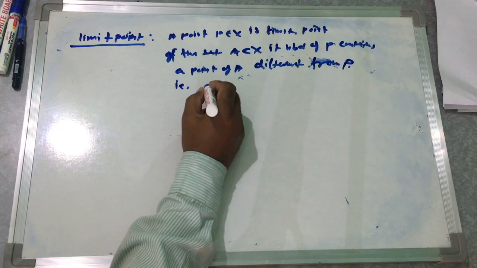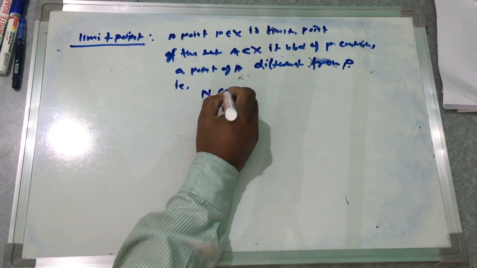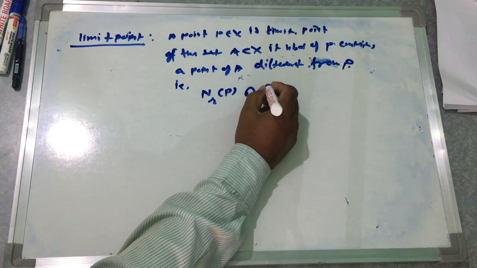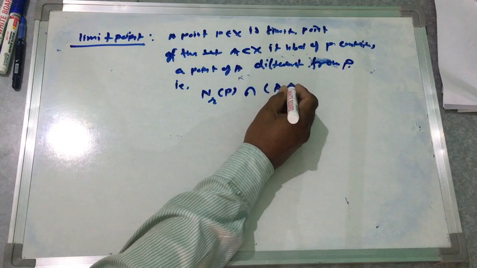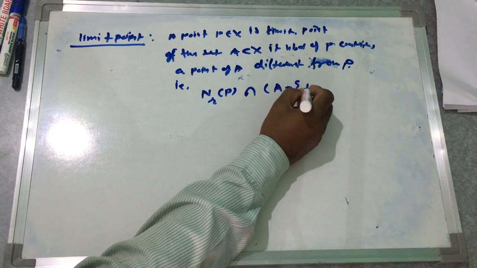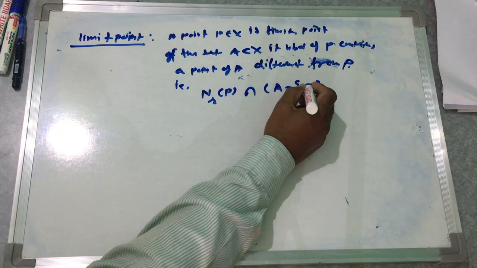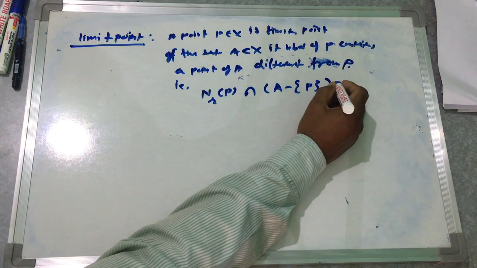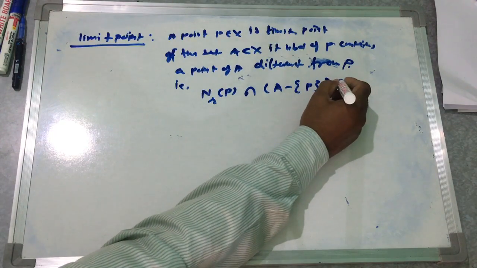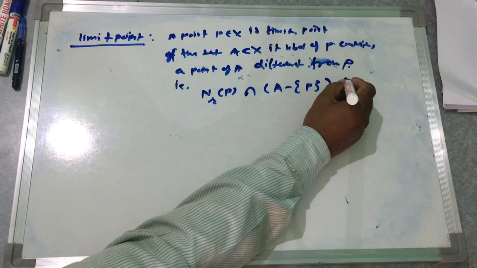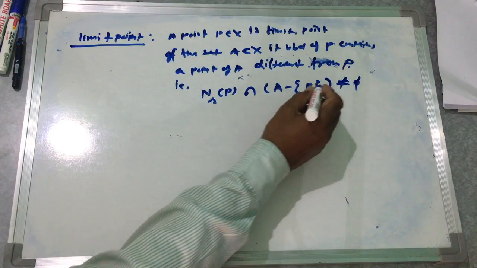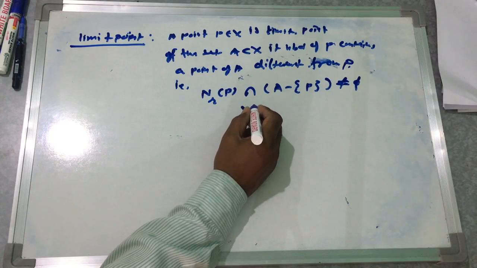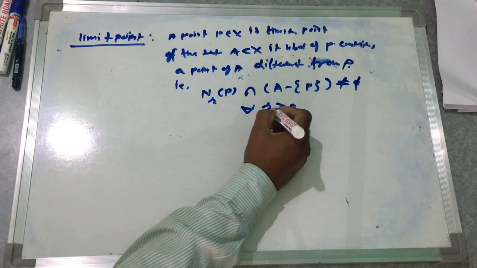It means that N_r(P) intersected with A minus {P} is not empty, for all r greater than 0.